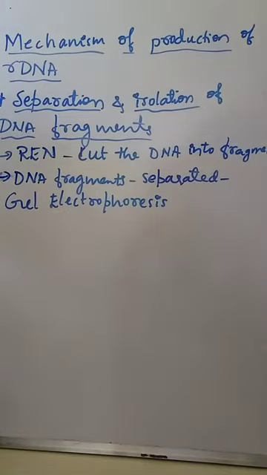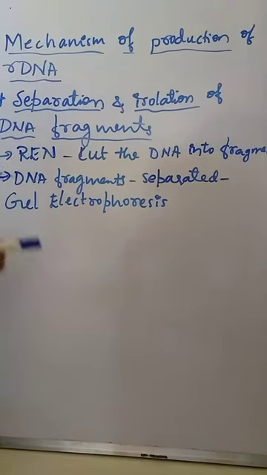For the separation of molecules or fragments using electrophoresis, the fragments or molecules should have different sizes or different charges or conformations. Here, based on the sizes of DNA fragments, the fragments are separated using electrophoresis.